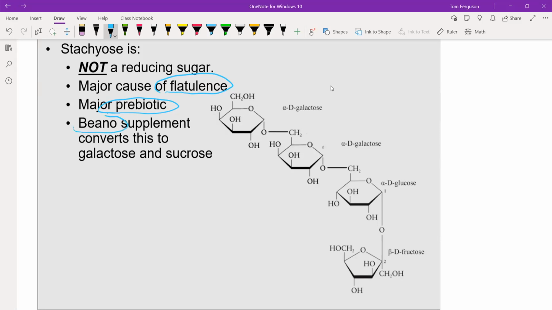If you've ever heard of Beano, which reduces flatulence when eating beans, it basically takes off that, and leaves that. So it converts it to 2 galactose and 1 sucrose.